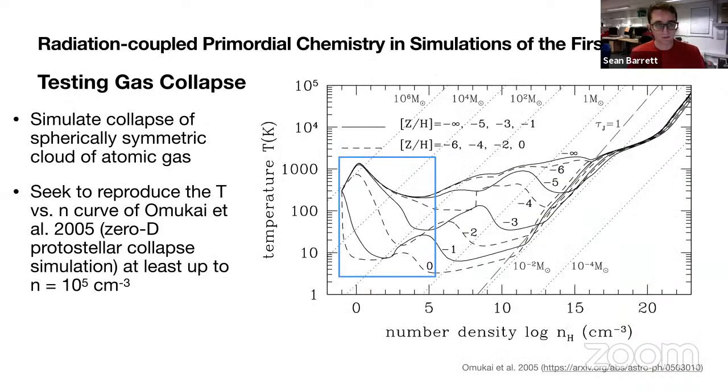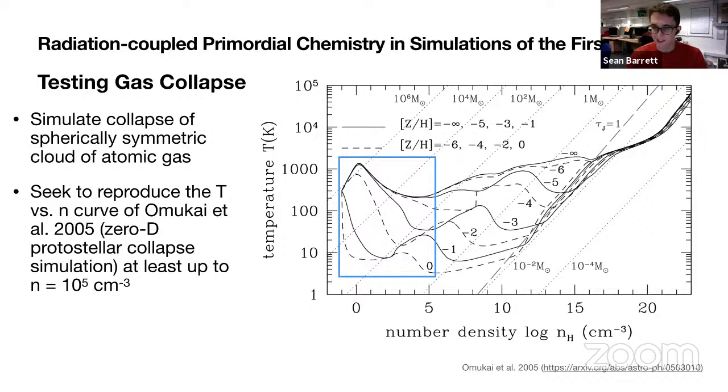To test that it's doing what it should, so that attaching a network to the hydrodynamics in this way is a numerically valid thing to do, I compare to work done by Omukai and others on protostellar collapse. They attach a similar network to mine to a single cell model, which follows a power law collapse.